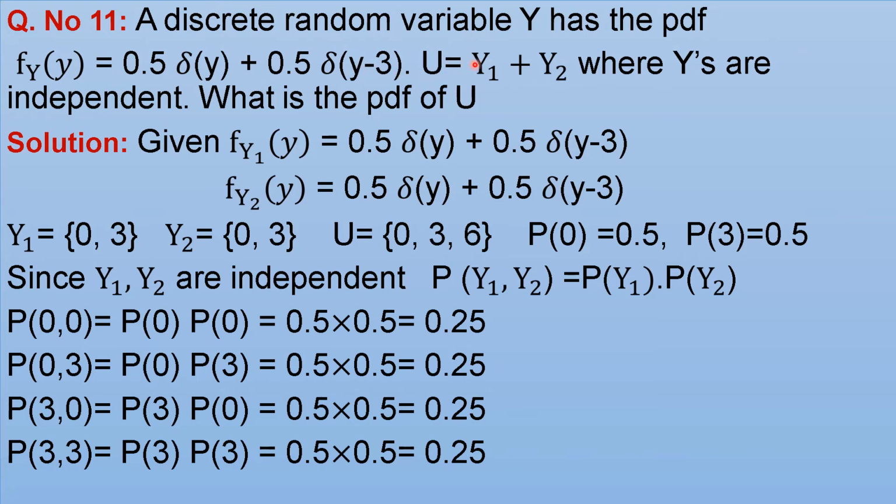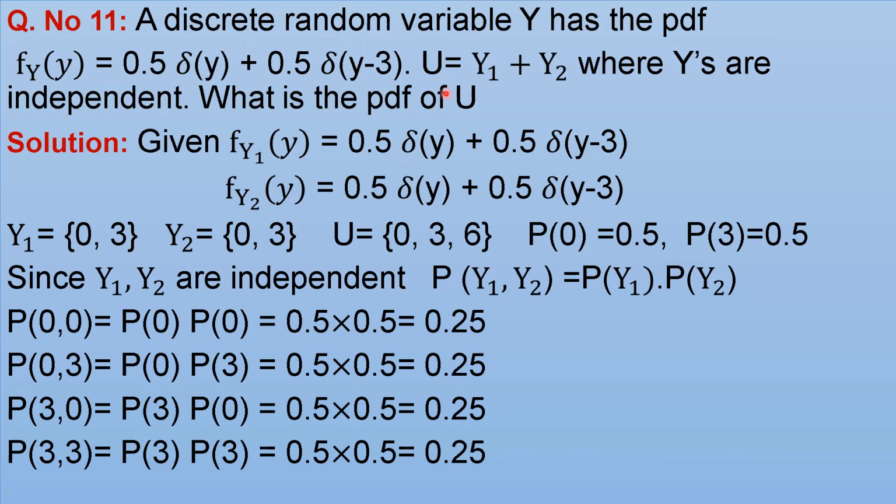Now u is y1 plus y2, where y1 and y2 are independent. So the probability density function for y1 and y2 will be this. What is the probability density function of the sum u?